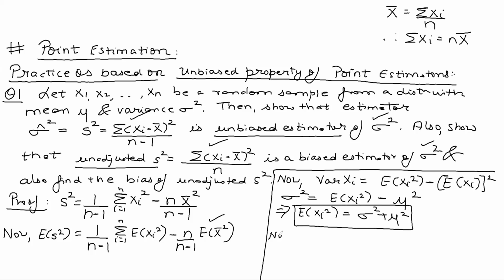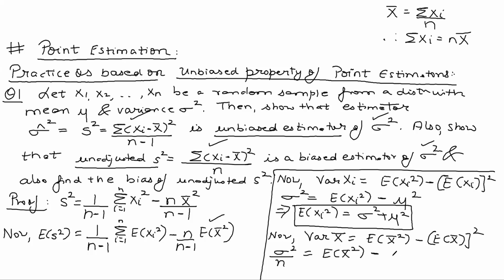And we also know what is variance of x bar. So variance of x bar is expected value of x bar square minus expected value of x bar whole square. Now variance of x bar is sigma square by n. All of us know variance of mean is sigma square by n, is equal to expected value of x bar square we need to find out, minus expected value of x bar is mu, whole square.